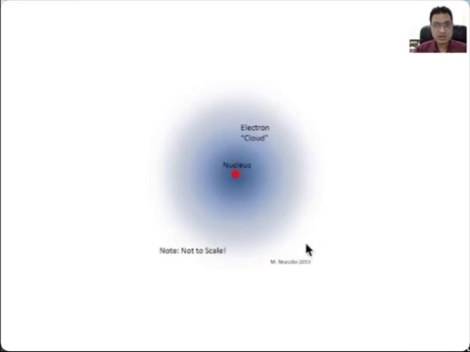And if you want to see how the same hydrogen atom looks in this probabilistic way, it looks something like this, which you have probably seen: there is a nucleus, and now instead of a discrete orbit you have an electron cloud. Now you may ask, what is the probability of finding the electron here? There is some probability, but at the same time there is also some probability of finding the electron here. That's why you have a distribution, the electron cloud picture, which is probabilistic in nature.